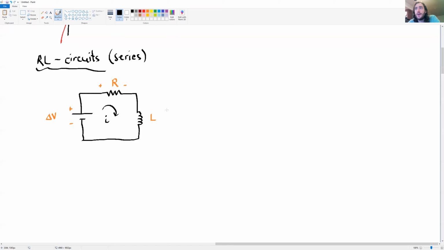And now this is where things get a little opinionated, I would say: what to do with the quote unquote voltage drop across the inductor. Some physicists take the viewpoint that when you write down an equation for a circuit like this, which has self-inductance, there is no voltage drop across the inductor because the inductor does not have resistance.